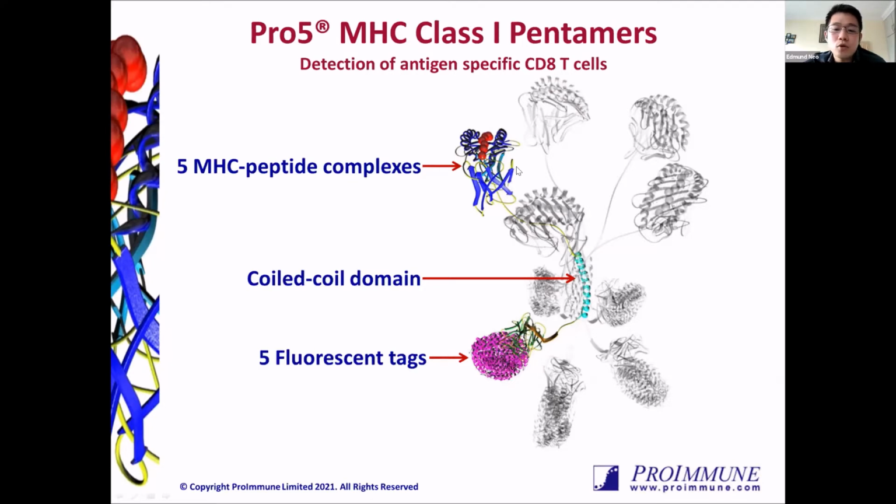Each pentamer also comprises up to 5 fluorochrome or biotin tags for bright and efficient labeling. Due to the planar configuration, all 5 MHC peptide complexes on the pentamer are available for binding to the complementary T cell receptor. Therefore, the pentamer binds to the antigen-specific CD8 T cells, and with the fluorochrome conjugated, you can then perform flow cytometry to look at the antigen-specific CD8 T cell population in your samples.